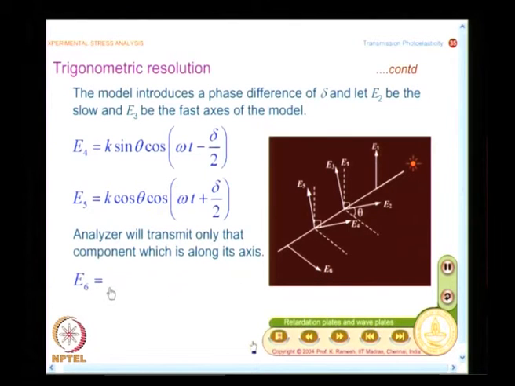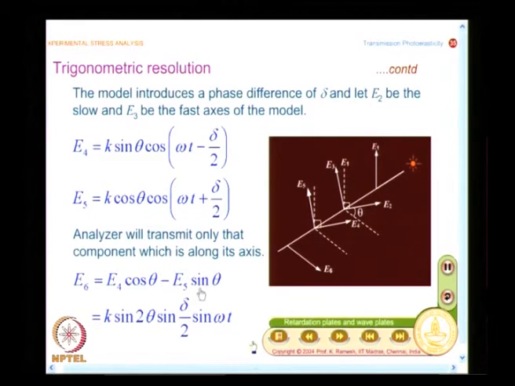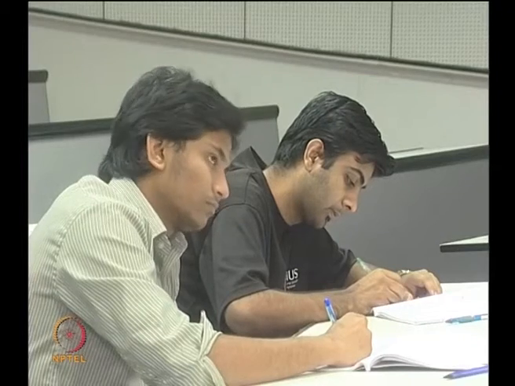We write an expression for E6 in terms of E4 and E5. It is fairly simple: E4 cos theta minus E5 sin theta, and this is also simplified.